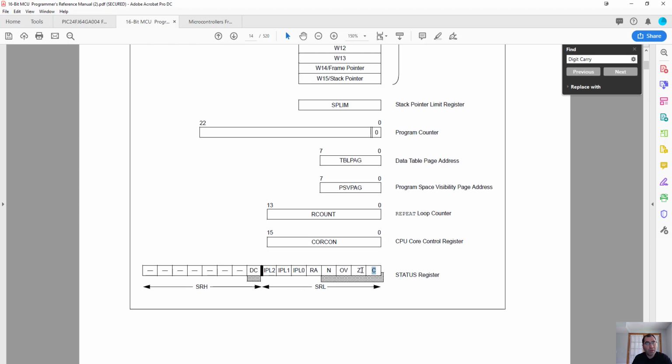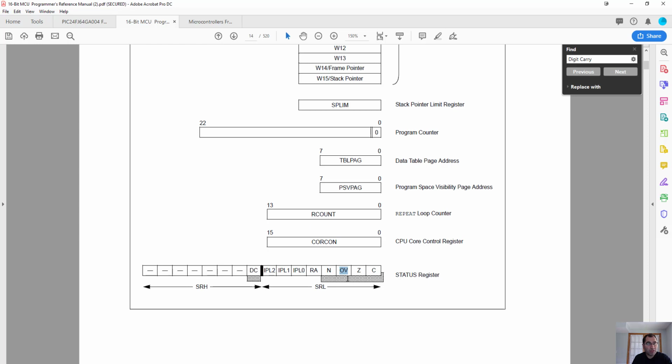And this is the zero flag: if the result is 0, then you have a zero flag. If you add two 8-bit values and do a byte operation, and the result is more than 8 bits, then you have overflow, obviously, right?